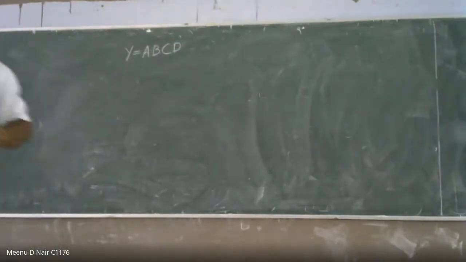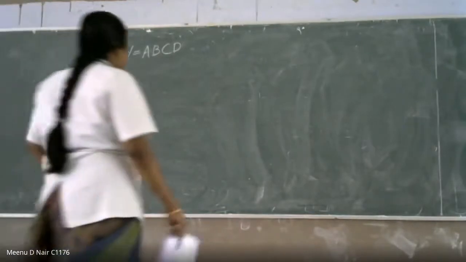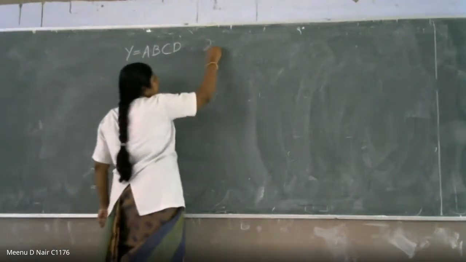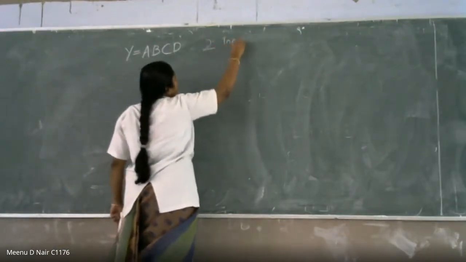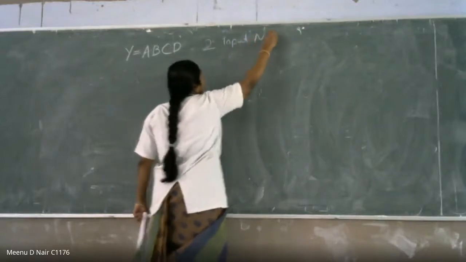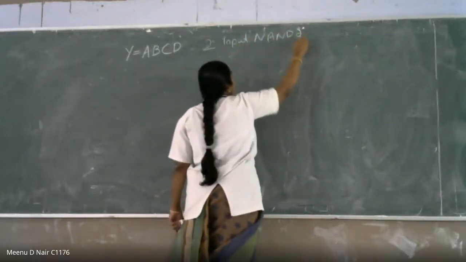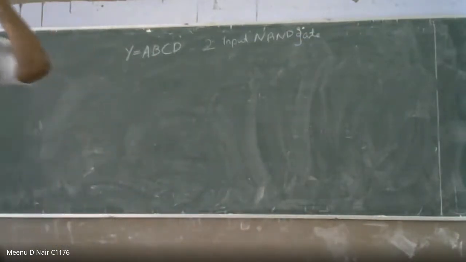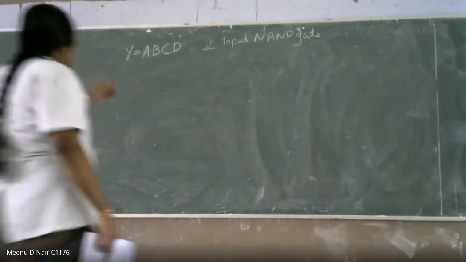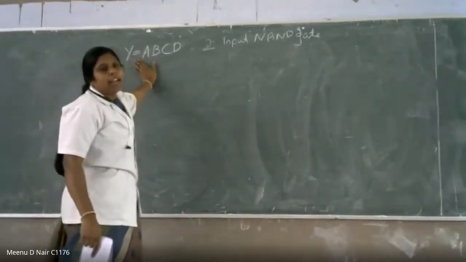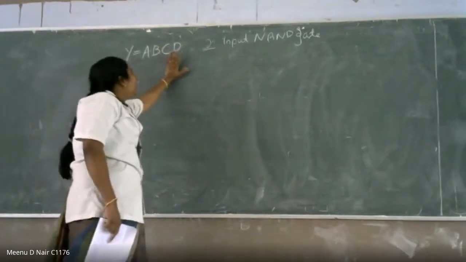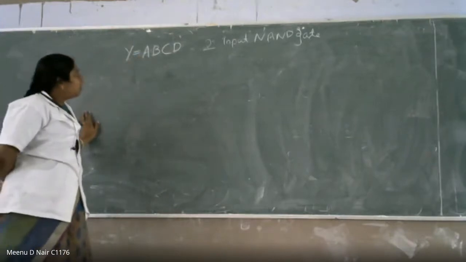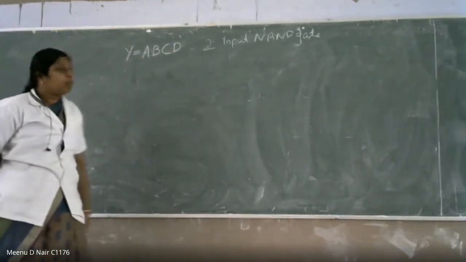And your question is to implement the same using two input NAND gates. This is your question. You have Y is equal to ABCD, and you have to implement the same using two input NAND gates.